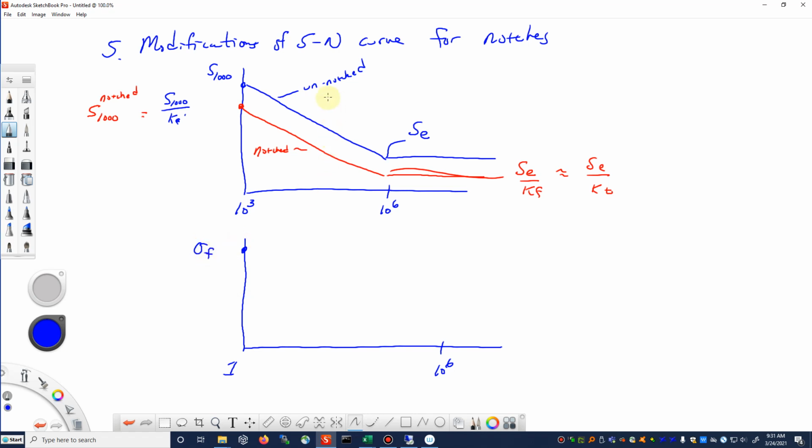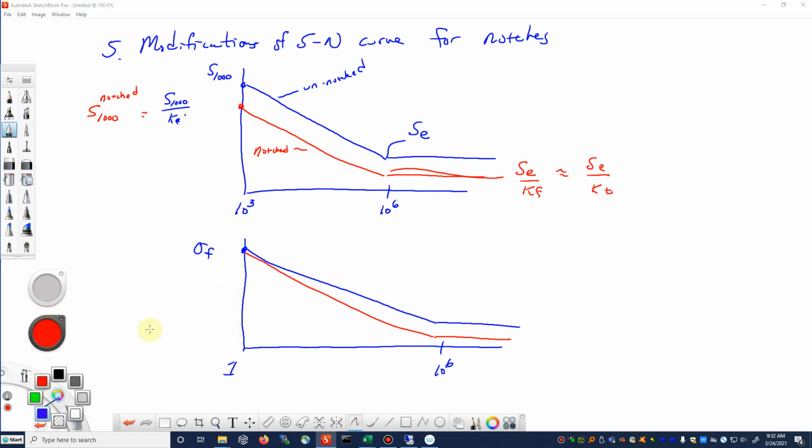So one way to estimate the picture on the top is that if both of the curves, the blue and the red, converge at the same point at 1 cycle, then if we were to redraw this so that it's chopped off at 10 to the 3 cycles, we have a little bit of separation here between the red and the blue curve, and there's a little bit of slope that gets more exaggerated as we get down towards the endurance limit. The other points are effectively the same.